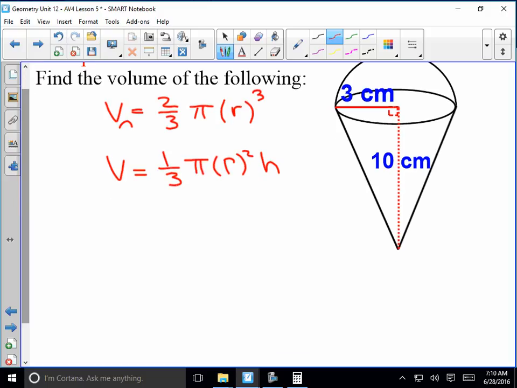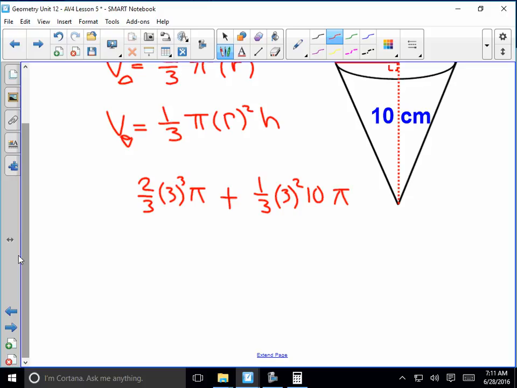Okay, so we've got the volume of our hemisphere and then the volume of the cone. So we want to plug in what we know. We've got 2/3 times 3 cubed pi. Remember, we want to just leave the pi there. It gives us an exact answer that we can work with. And then for our second piece, we've got 1/3 times radius squared, 3 squared, times our height of 10, and then pi.